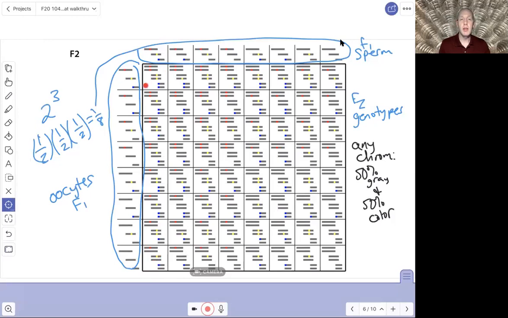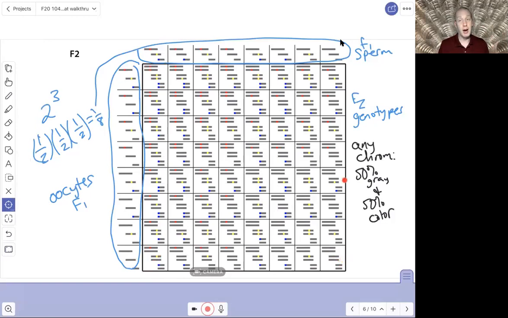For example, even though there are 2 red and 2 yellow and 2 blue there, which in that individual means they'd have 100% red, not 50%. All of their chromosome 1s are red, so 2 out of 2, 100%. 100% yellow, 100% blue. That genotype, when it exists in the population of F2 offspring, is offset by this one, which has no reds, no yellows, and no blues.